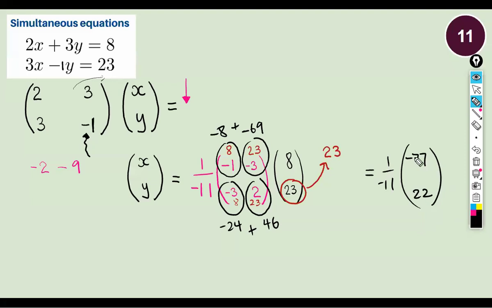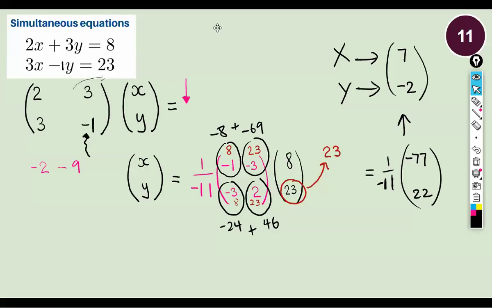We have to divide everyone inside here, not by 11, but by -11, which means you're going to get +7 and -2. The top is X, the underneath is Y. Those are the correct answers, okay?